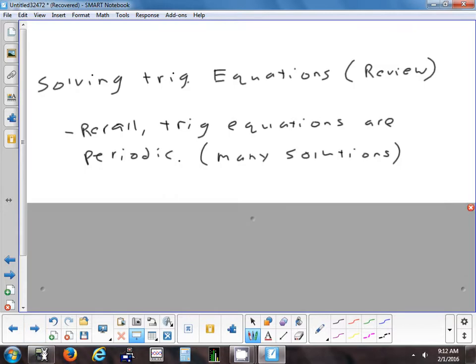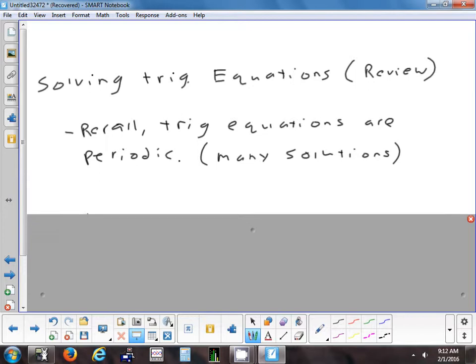All right, and last thing we're going to do is look at using the calculator a little bit to solve some trig equations. Remember that if a trig equation has one solution, it has infinitely many. If I said to you, where does sine hit 1? Well, it hits it here, here, here.